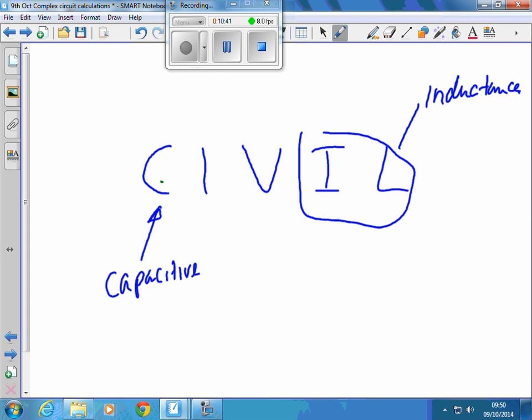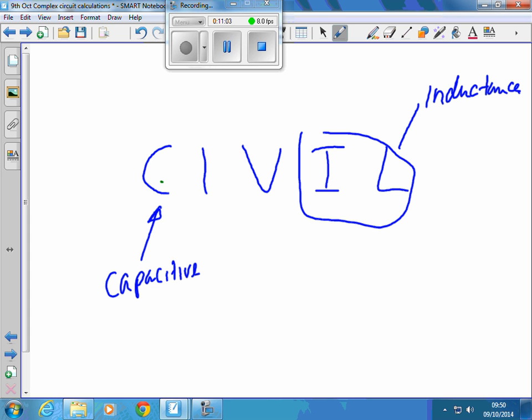We get a situation when we've got both of these things in the circuit, but there will always be one that's bigger than the other and make the overall circuit overall capacitive or overall inductive. Both will have an effect, as you'll see later, but one will always be bigger than the other.